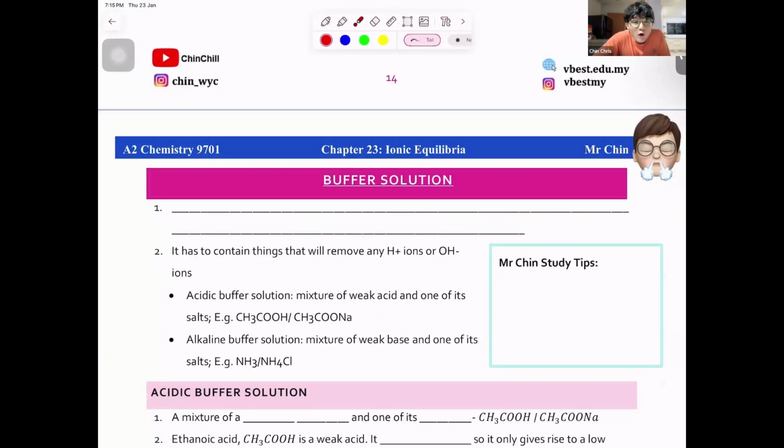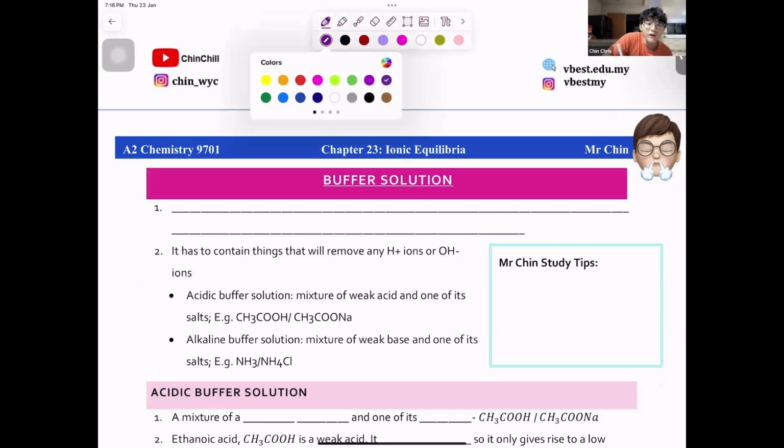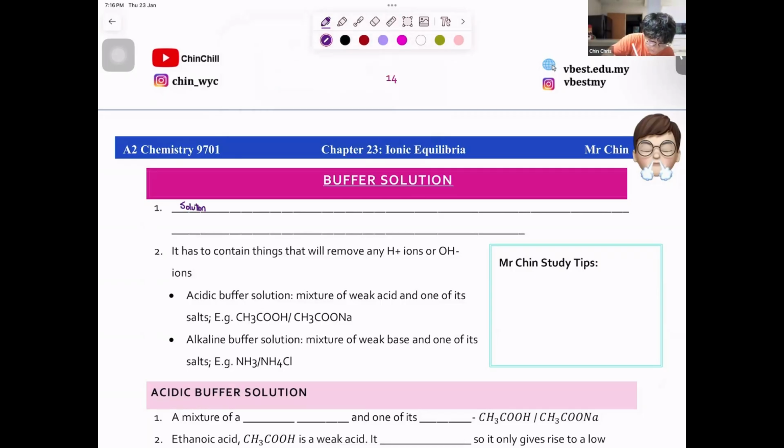Guys, I will go very, very slowly for buffer, reason being buffer is one of the toughest calculations. So guys, first, a very popular question that you might encounter in the exam is to define buffer solution. Buffer solution stands for a solution that resists the change in pH when a small amount of acid or alkali is added.